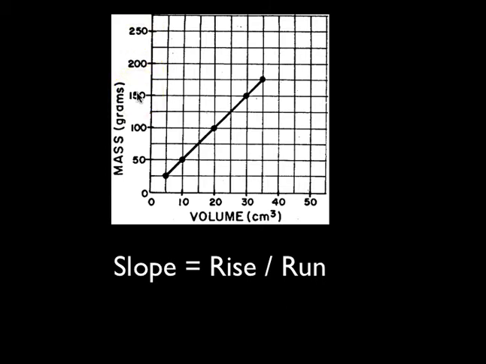Now the thing we're going to be most interested in almost throughout the course is actually the slope of these graphs. And if you'll remember, slope is rise over run. So let's look at the slope of this line right here. The rise is going to be, if we look from here to here, between these 2 points, it rose a total of 25 grams.